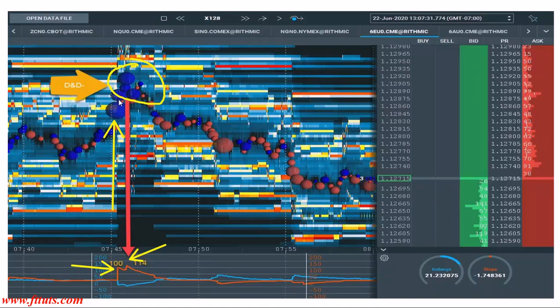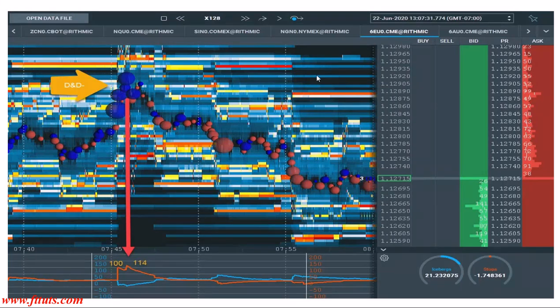Again, part of the setup is you're waiting for red bubbles to come into the market, and that means there are market sellers that are initiating. You don't want to be just jumping in against a stop run if you don't see any counter trade, right? If you just see blue bubble, blue bubble, blue bubble, that's going to be more of a stop and hold, and that's one of the setups we'll get into. But again, you want to see the stop run fail, meaning it gets immediately below that area.